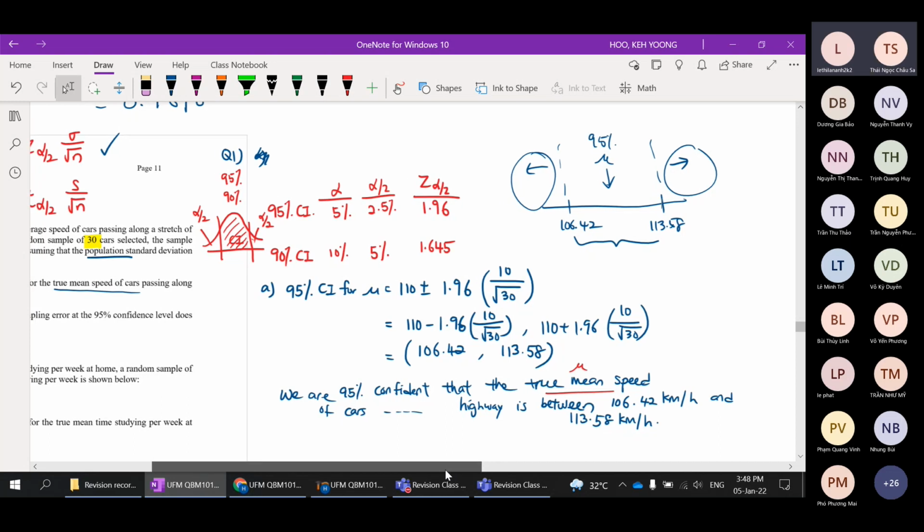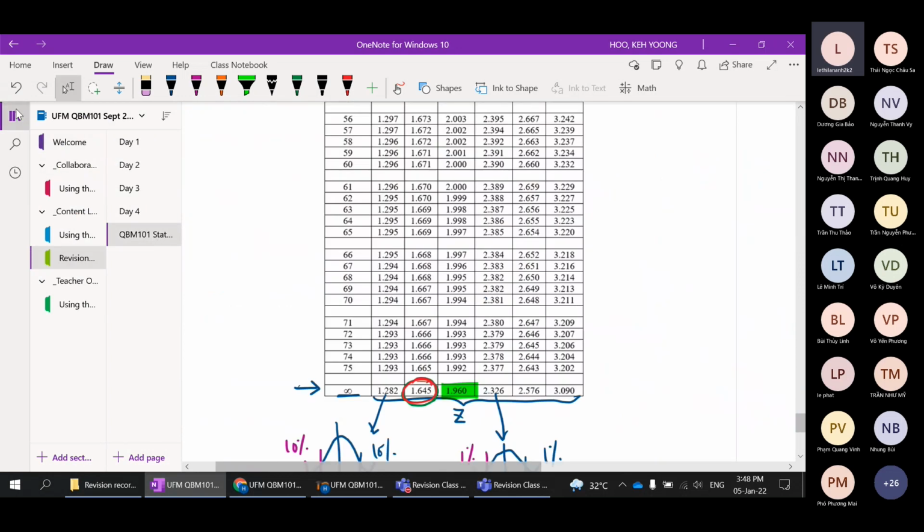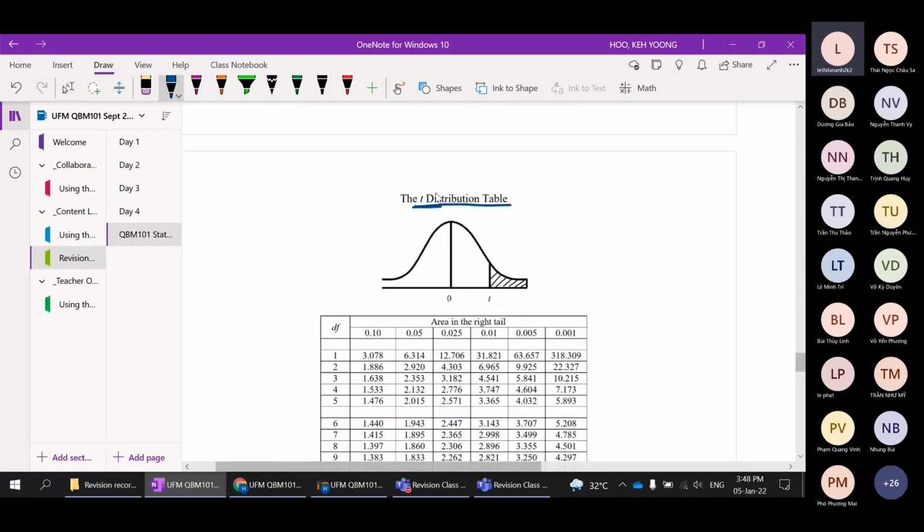How can I know about 1.96? How do you find it? You look at the t distribution table.